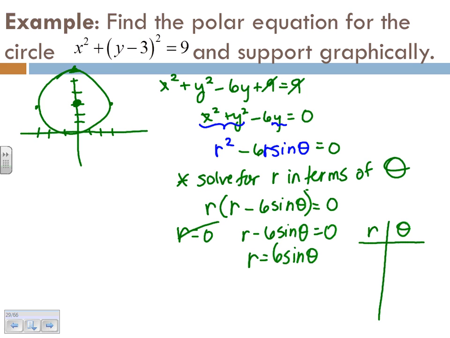Usually you put x, y because your inputs are going to be right here, right? But in this case, we need to know our theta values, so like 0, etc. So here is finding what the r's are going to be.